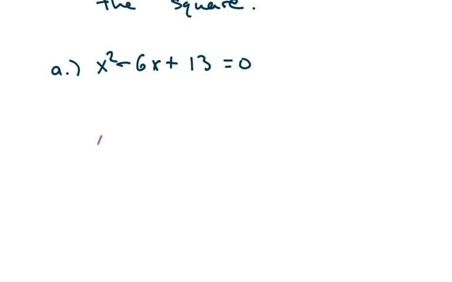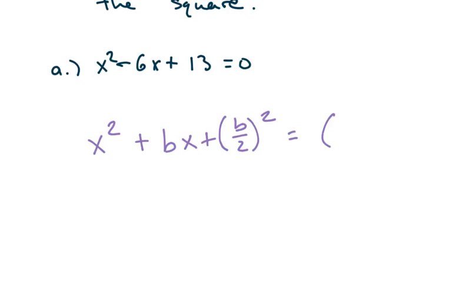If we take the value, and let's call this term b, and divide by 2, and then square it, this is actually the same thing as this, squared. So let's see if that's true.